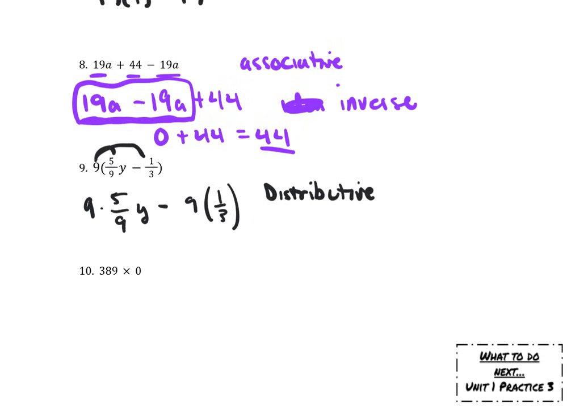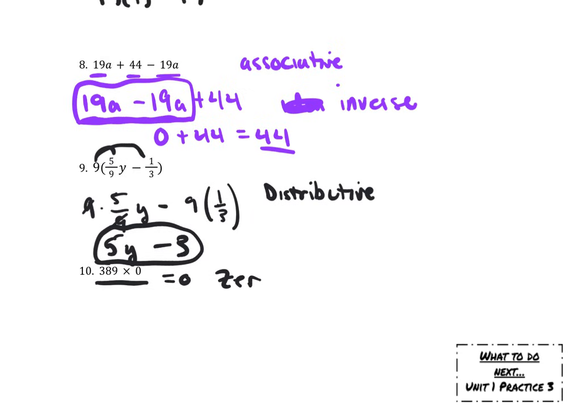Then 9 over 9 is just 1, so I'm left with 5y. Then 9 times 1/3 is the same thing as 9 divided by 3, so that's just 3. There's my answer, 5y minus 3. And the very last thing, anything times 0 is simply 0, and that is just the zero product property.